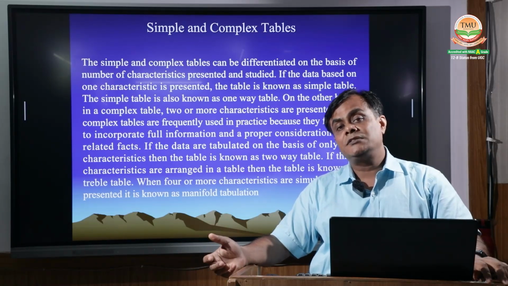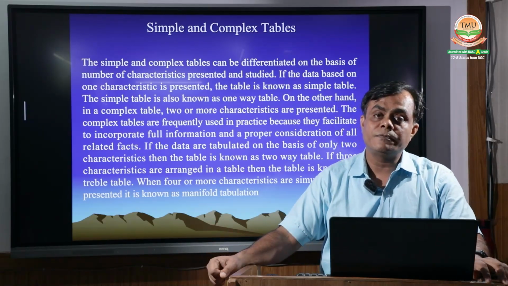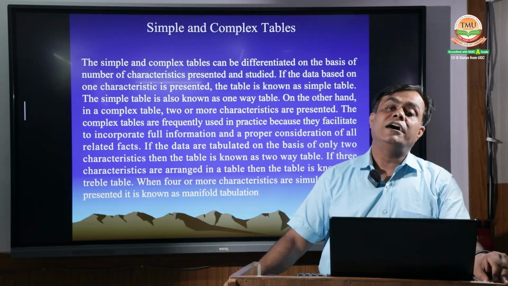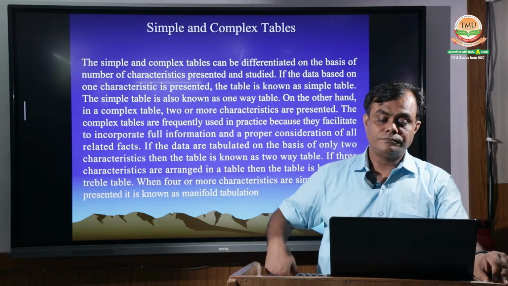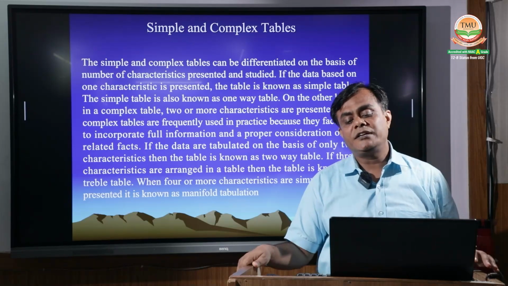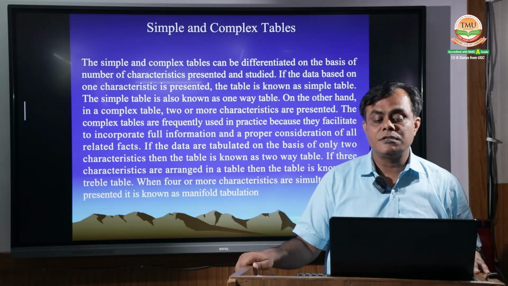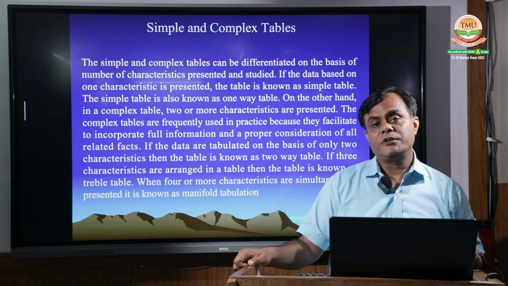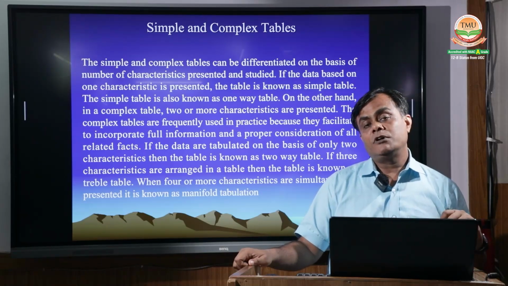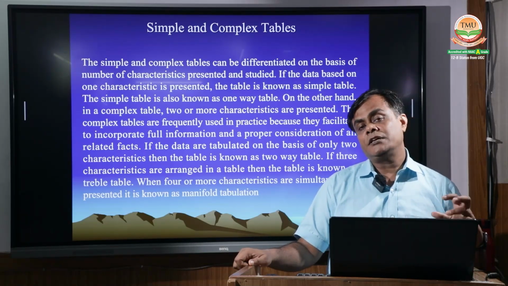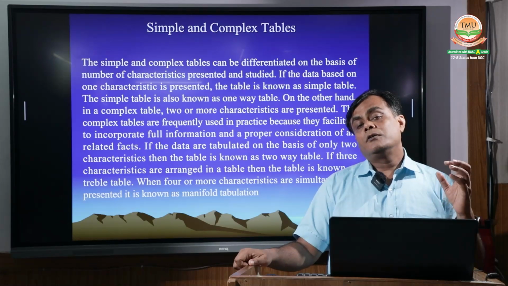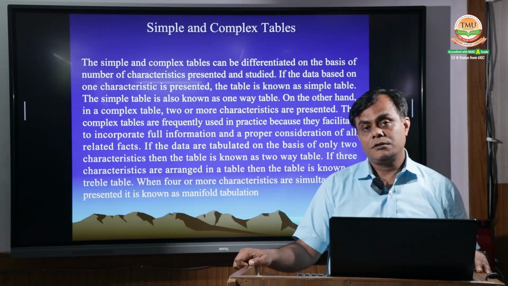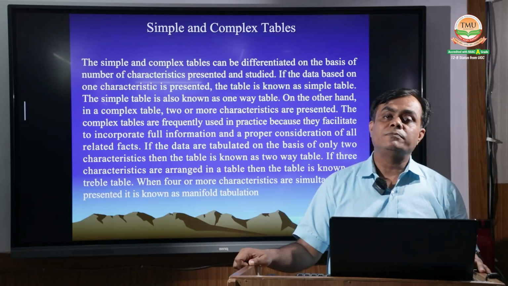As the characteristics of the table increase, the complexity of the table increases at a high rate. If the data is based on one characteristic in a presentation, the table is known as a simple table. Suppose the data is of students' marks in their class, the statistics marks or the mathematics marks.